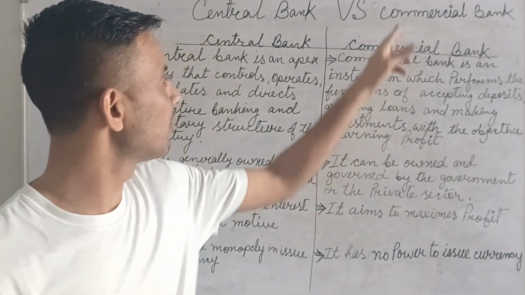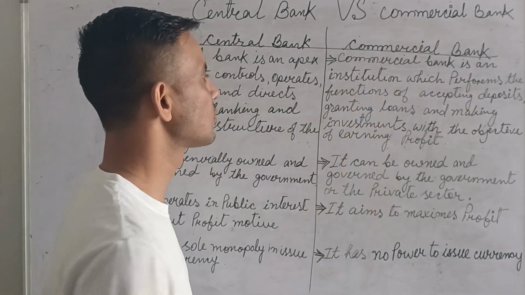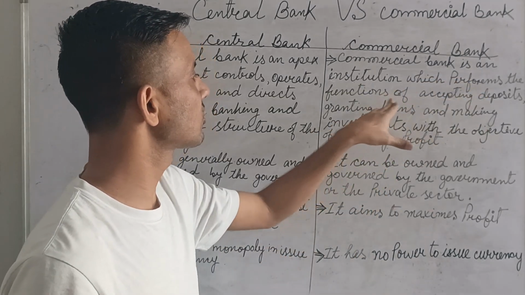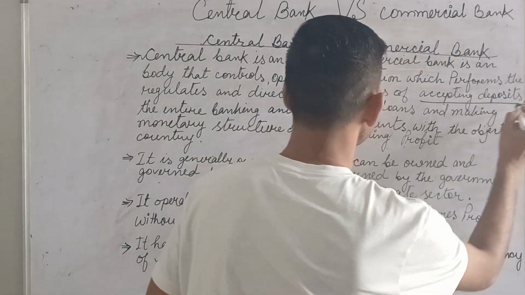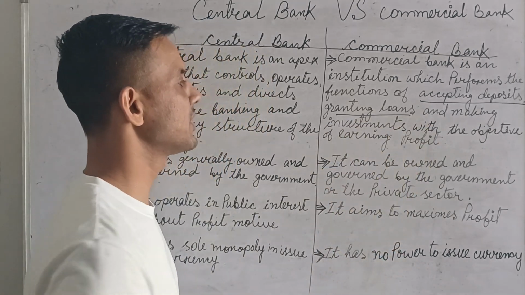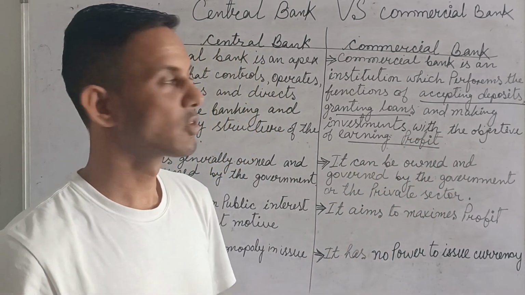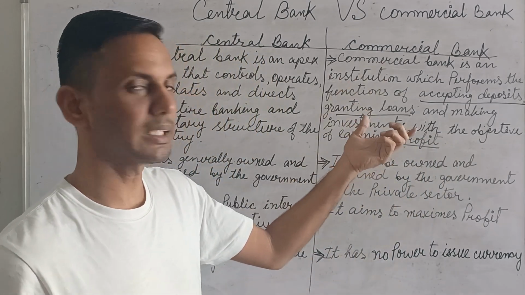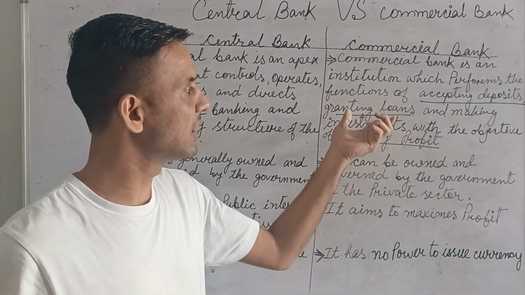A commercial bank, on the other hand, is an institution which performs the function of accepting deposits. This is the main function: accepting deposits, then granting loans and making investments with the objective of earning profit. So as a commercial bank, they have to accept deposits and provide loans.